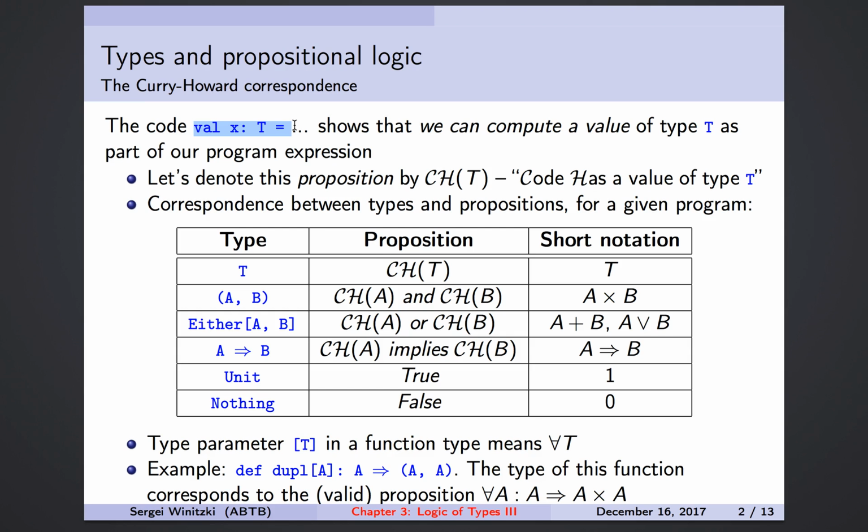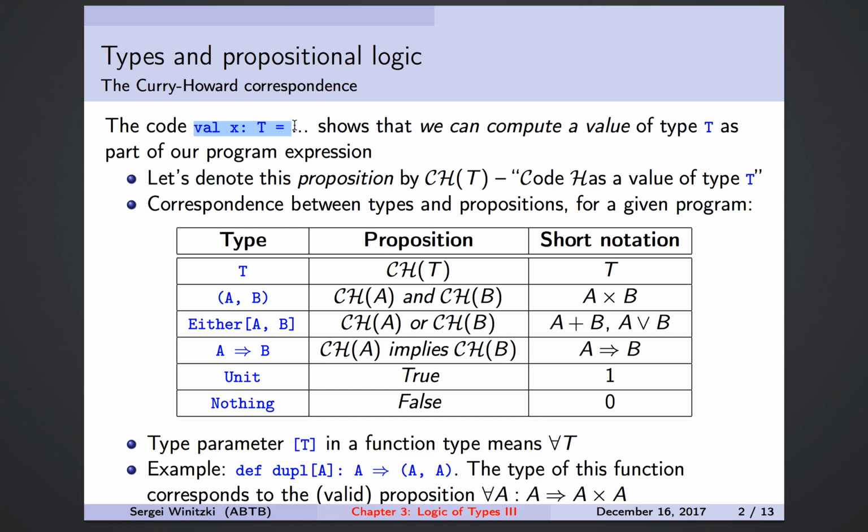On the other side of the correspondence, there is formal logic, which has propositions, and these propositions can be true or false. The formal logic has proofs of propositions. So true propositions follow from axioms or from other already proved propositions.